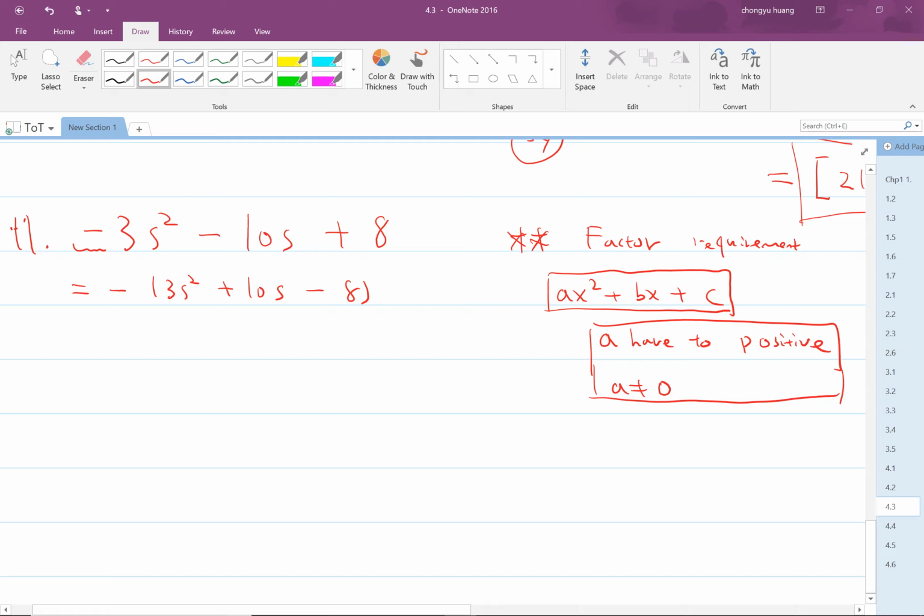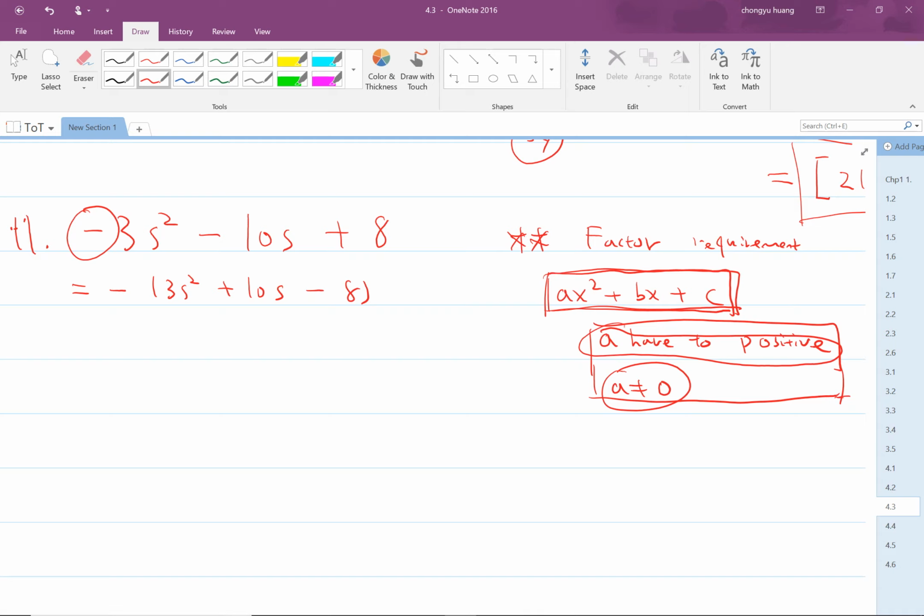So you see there's a negative sign over here, so that's why I say it is quite important. The factoring requirement is first that we have to have the form ax squared plus bx plus c, and you also want to make sure a has to be positive in order to do the factoring. a also cannot be 0, because if it is 0, then there's no point.